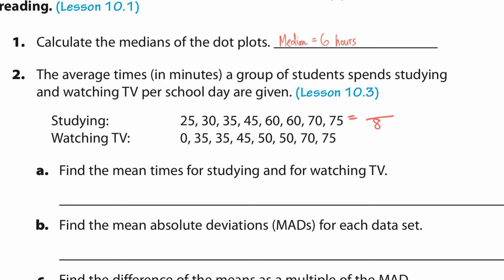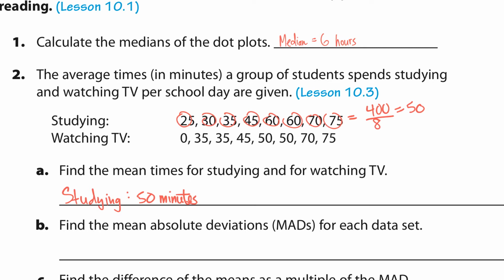So the total of 25 plus 30 plus that plus that plus that plus that plus that plus that. And that total, I believe, is 400. And 400 divided by 8, that is 50. So for studying, the mean was 50 minutes.